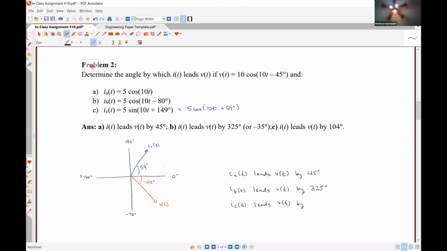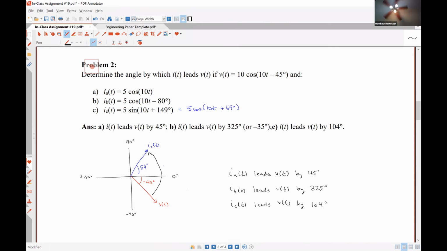So how would I go about figuring that out? 45 plus 59. It is literally that simple. That's correct. So I start measuring from V of t. I go up 45 degrees to hit 0. I go 59 more degrees. 59 and 45 is 104 degrees.